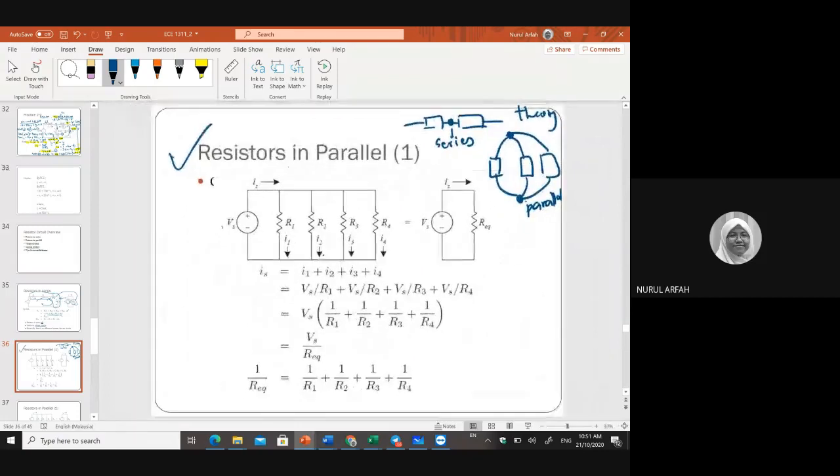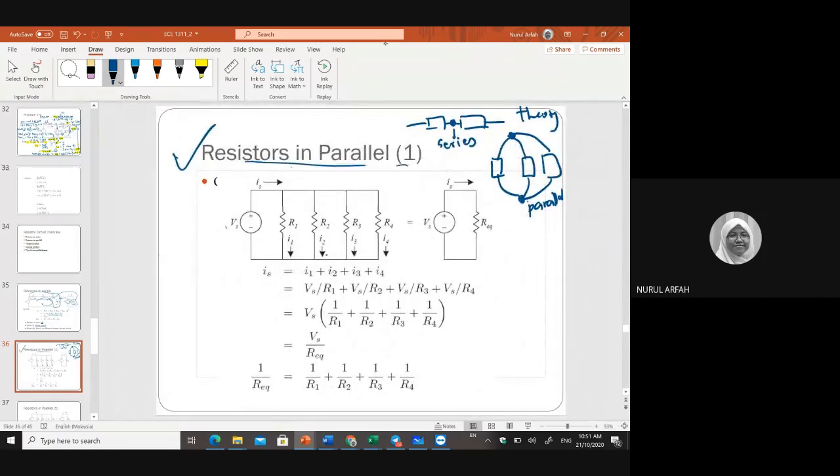Okay, so for resistors in parallel, make sure they are all connected at a single line here and all connected at this end. Then you can see that they are in parallel, and the R here, you cannot simply add up. Why? Because if you apply KCL at this node, you're going to have I1, I2, I3, and I4.